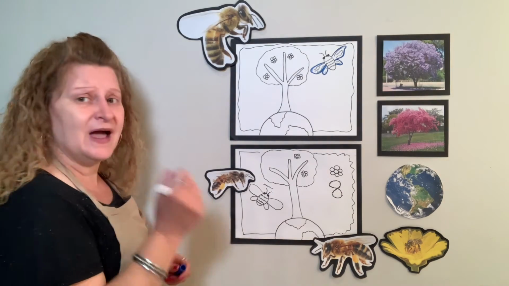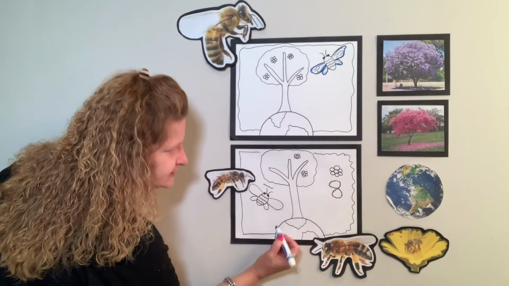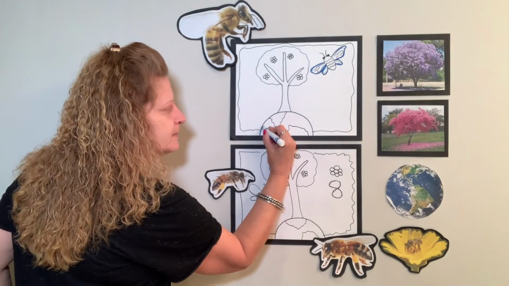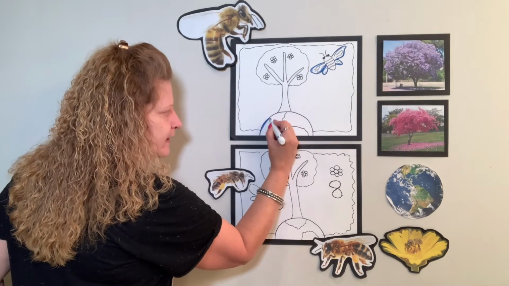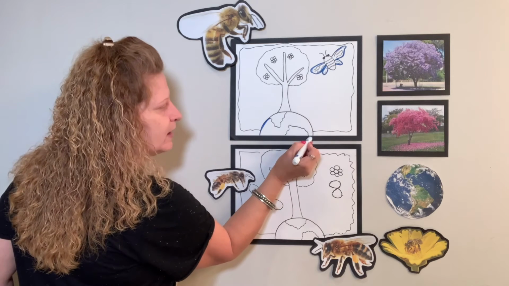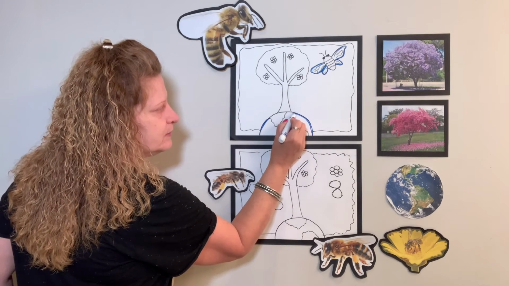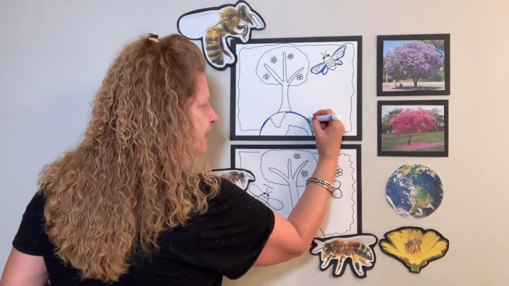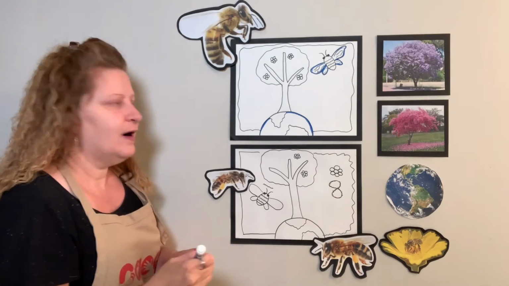Now, I also, while I have my blue marker, I have blue water. And so down here on the bottom, now remember, this is the land, that's going to be a different color. We might want to trace along the edge of our semicircle, just like this, so that we have our blue for our water. Awesome.